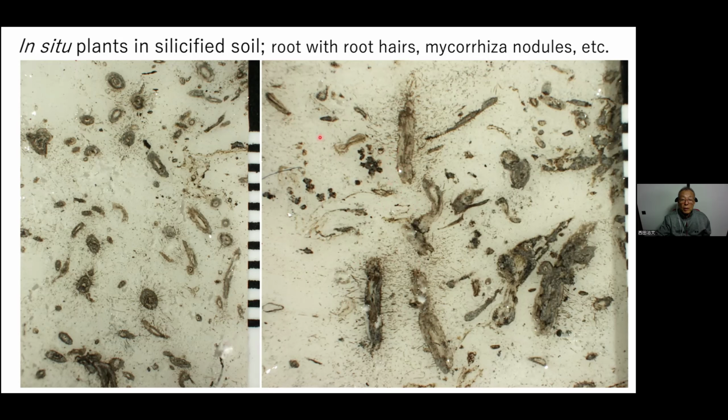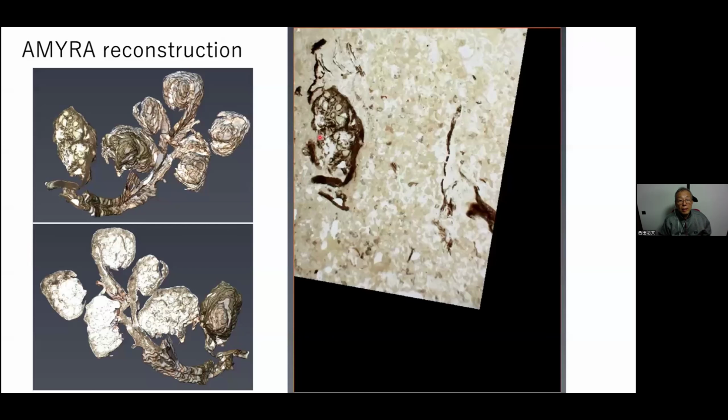And the material is probably embedded in the volcanic ash or volcanic sediments and silicified. And from that fertile structure that I found on the surface of the rock, I made serial sections of peels first.